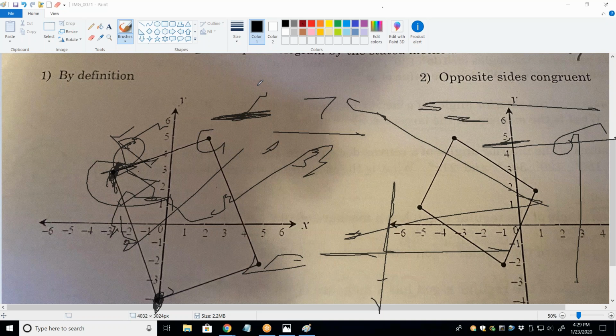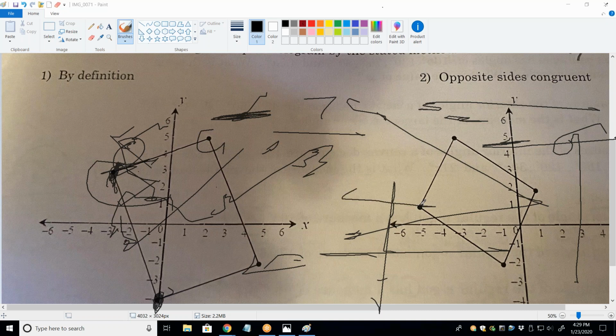So how do we prove that those opposite sides are equal in distance? We've got to find their measurements. We need to use the distance formula. Okay. Number 2 is not about slope anymore. It's about distance.